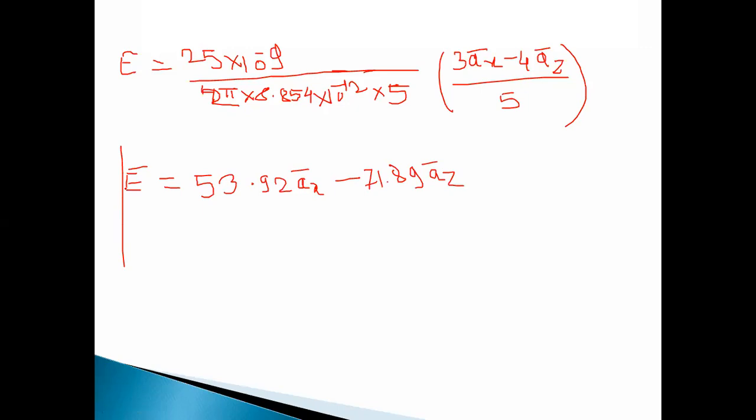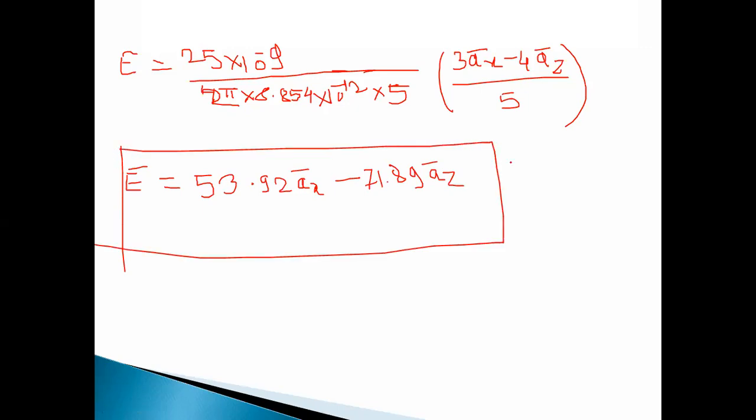Okay, so this is your final answer. And always write the unit, either joules per meter or Newton per coulomb. They are not giving special marks for a unit, but if you are not writing it, they cut half a mark while checking the paper. So don't forget to write the unit every time.